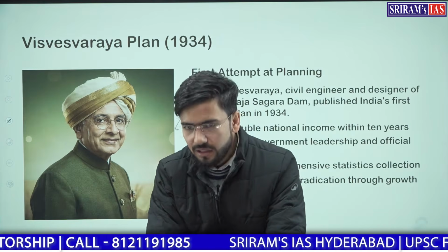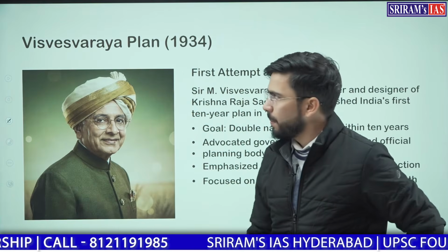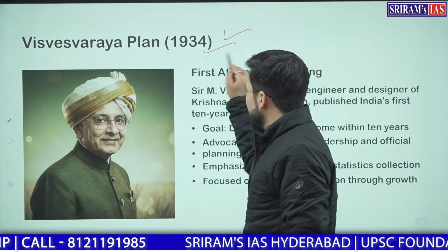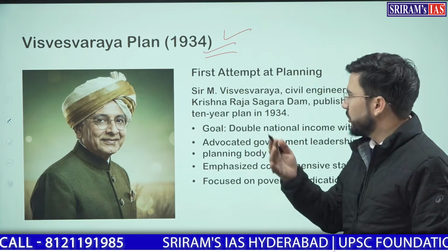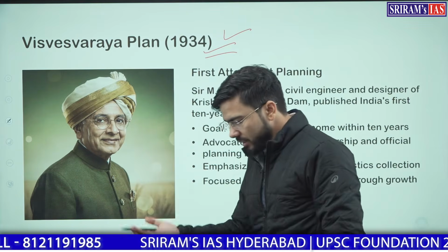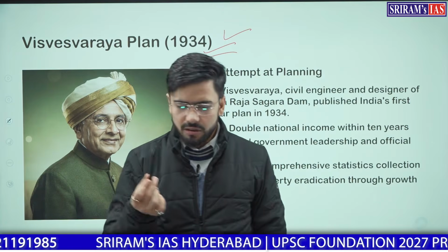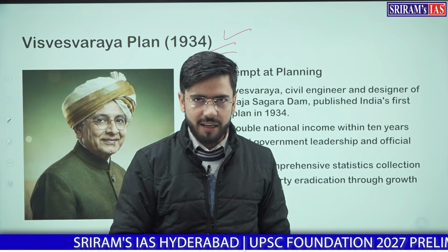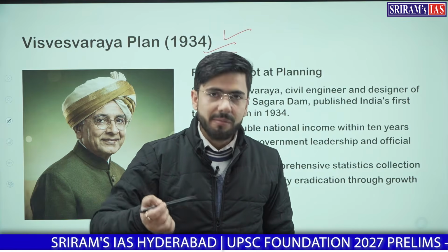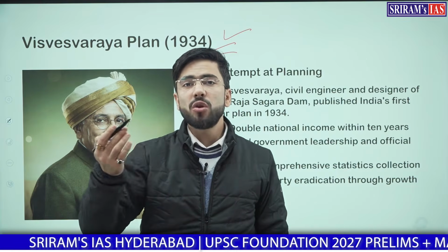First, it started with the Vishveshwaraya plan. I would like to remind all of you that a few minutes back we had a discussion on command economy, socialist economy and free market economy. Now, a free market economy is one where the state's role is limited.